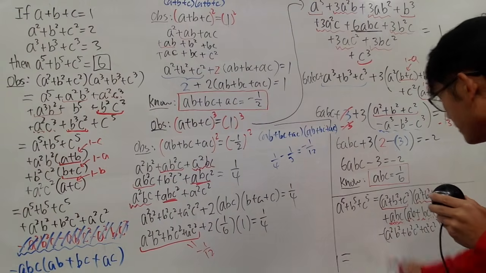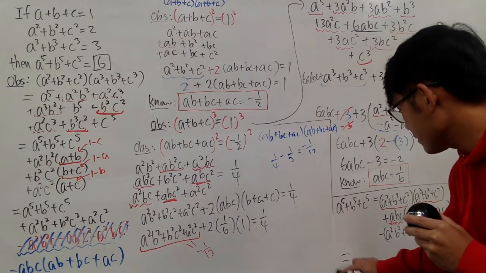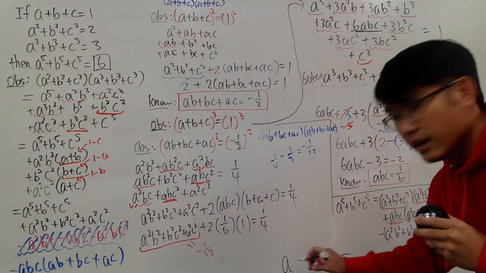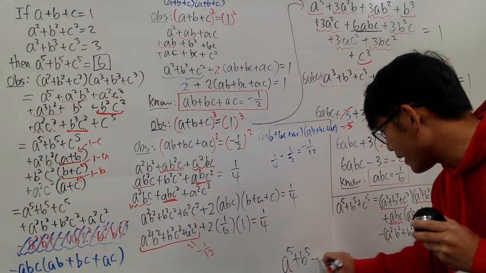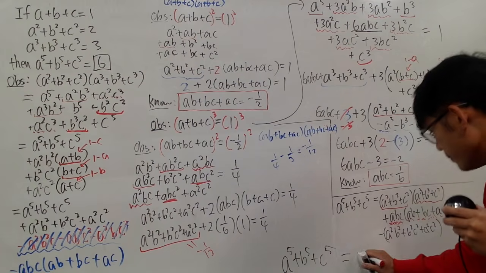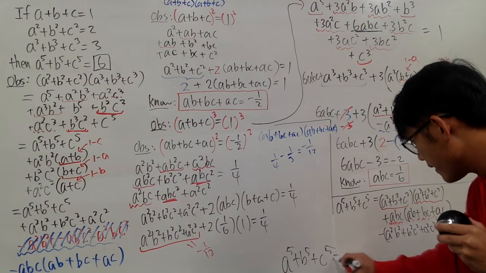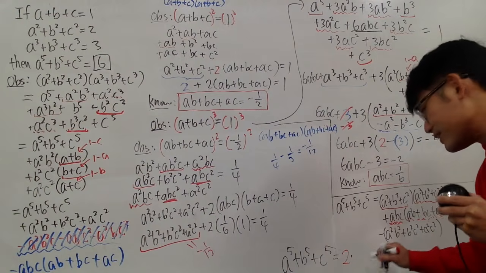So finally, this right here is, let me actually erase that. Let me just write it down legitimately. A to the 5th power plus B to the 5th power plus C to the 5th power is equal to this guy, which is 2, right? This is 2, times this guy is 3, so that's nice.